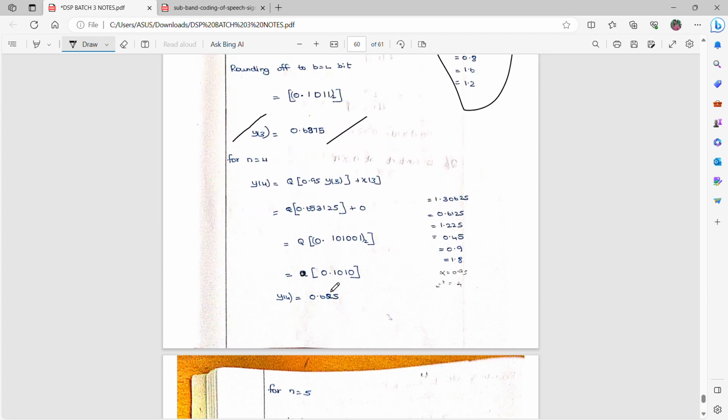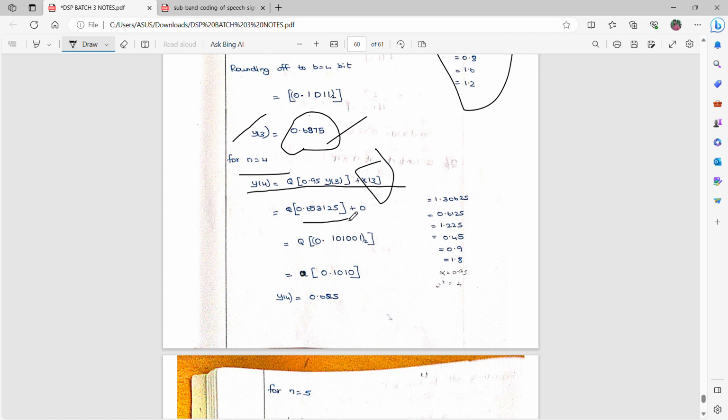Then we consider n is equal to 4, and substitute in the equation, that is y of 4 which is equal to q into 0.95 y of 3 plus x of 3, which is 0. The y of 3 value is written in this equation, and multiplying these two values gives the resultant value 0.653125 plus x of 3, which as we all know is 0.